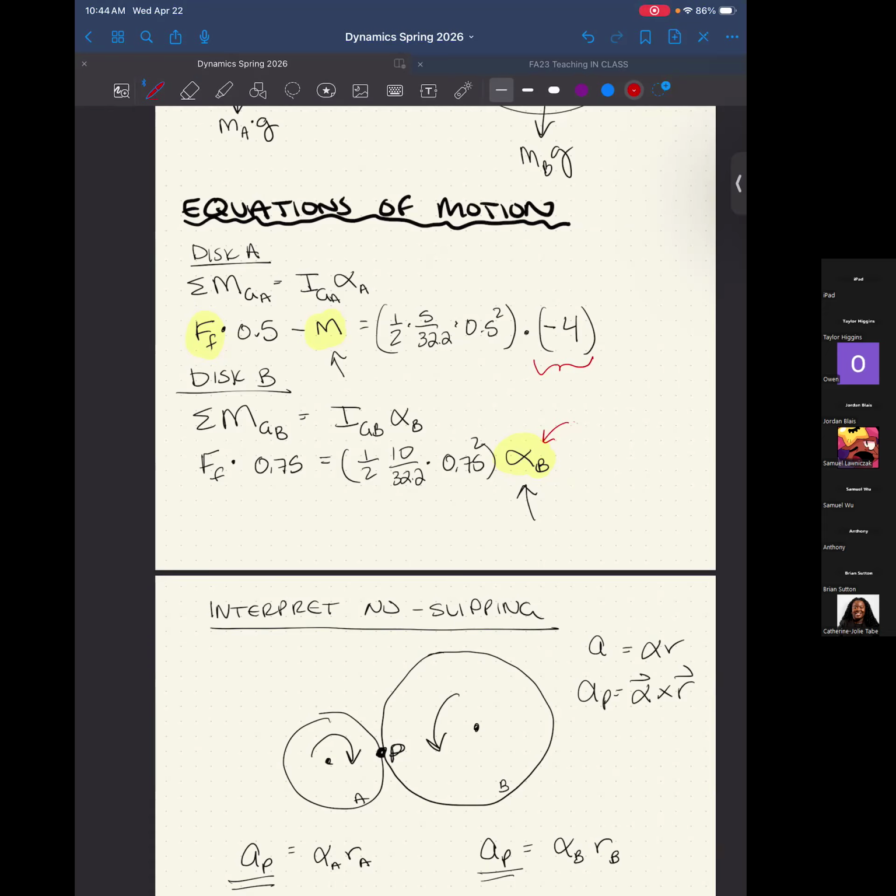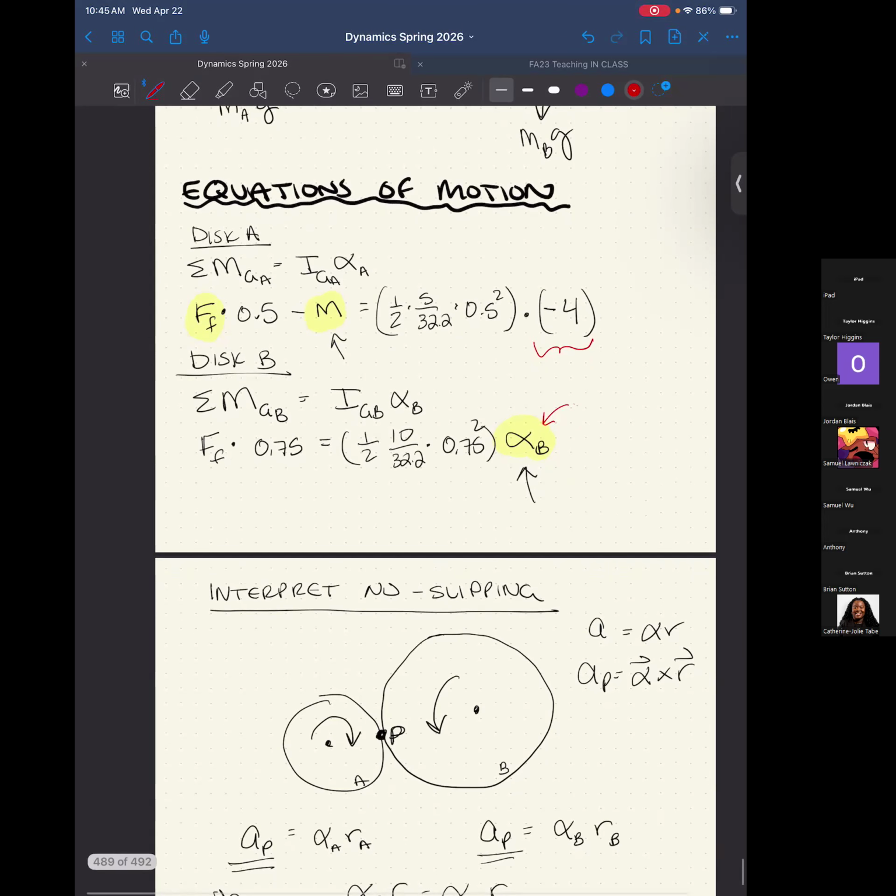Did we not even worry about assigning a sign? I got 0.233 if you ignore the moment of inertia. All right, hold on.